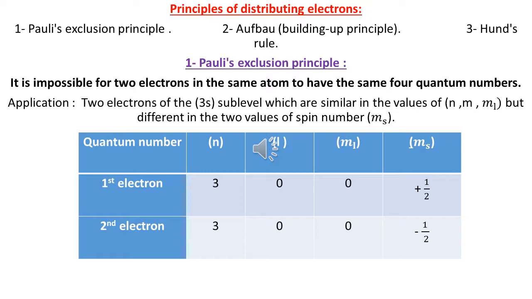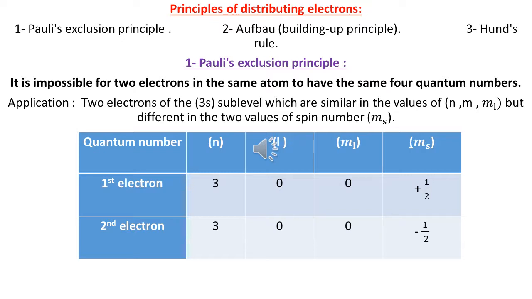Principles of distributing electrons. We have three principles: Pauli's, Aufbau, and Hund's rule. First, Pauli's exclusion principle. It's impossible for two electrons in the same atom to have the same four quantum numbers. As we know, we have n, l, ml, and ms quantum numbers.